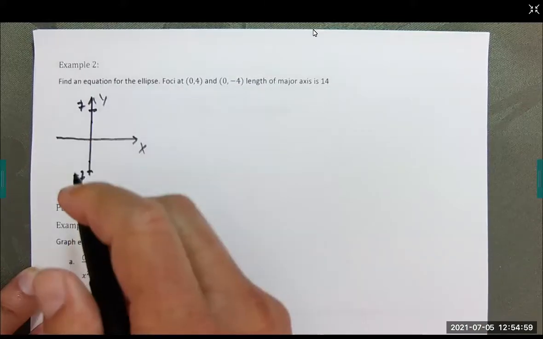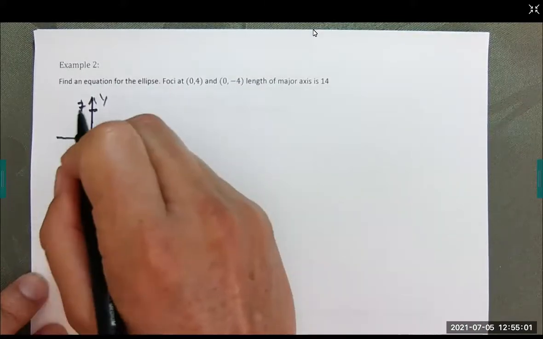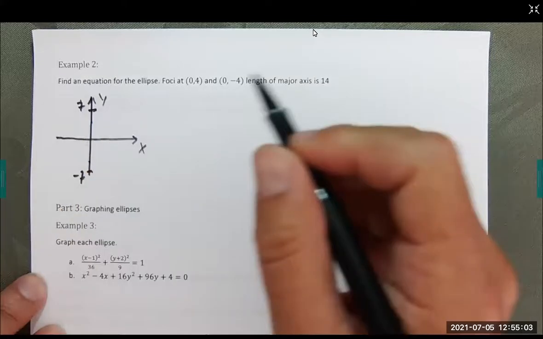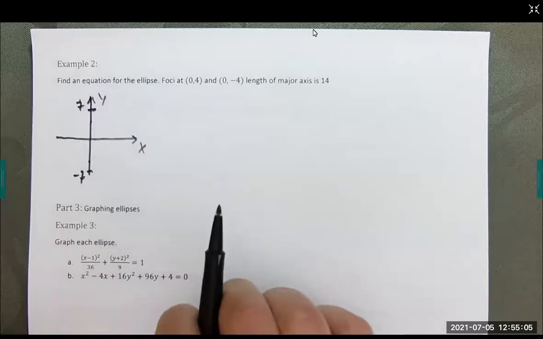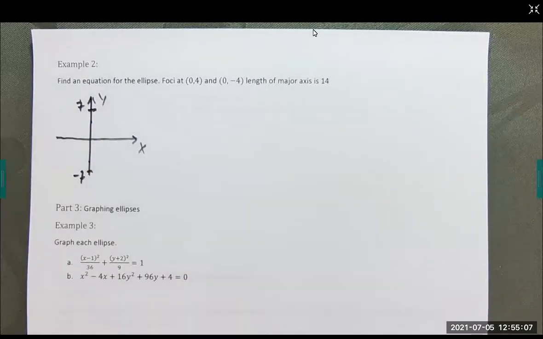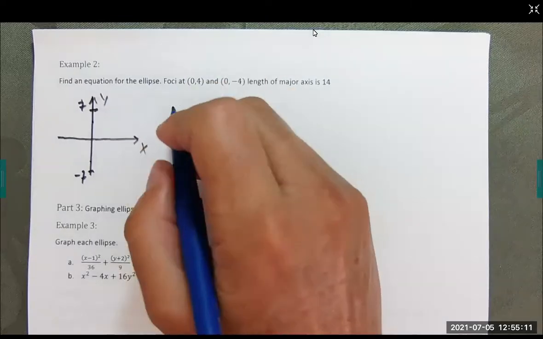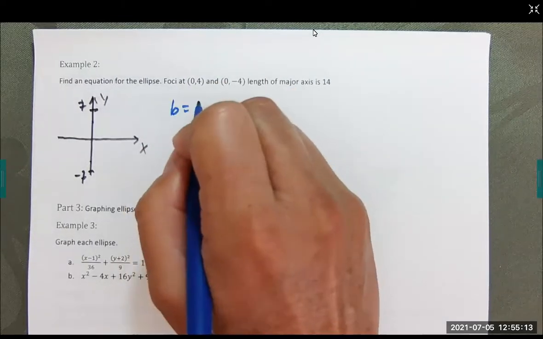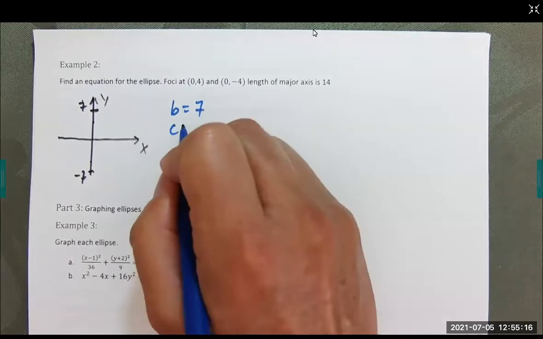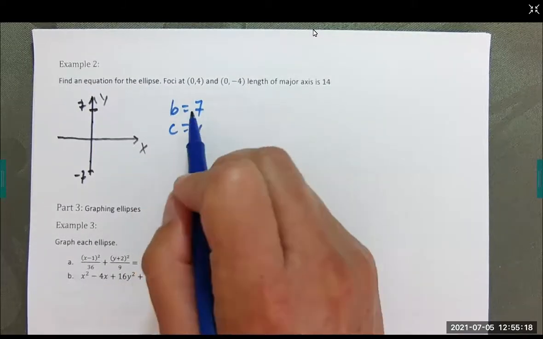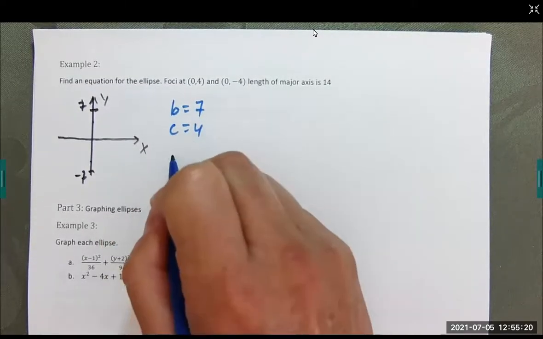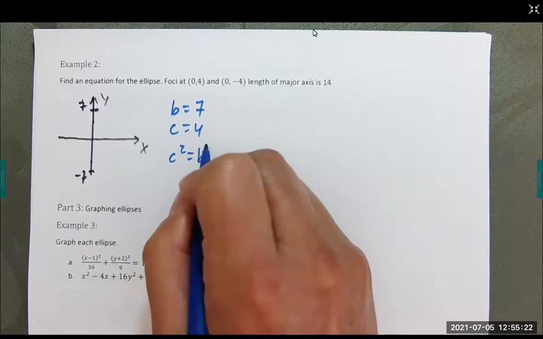Now, what we don't know is how far out it goes. We just know that 14 is going to be larger than whatever this axis is going to be. So let's work backwards here. So we know that b is 7 and c is 4. And we know that 7 is the larger of the two. So this is actually going to be c squared equals b squared minus a squared in this case.